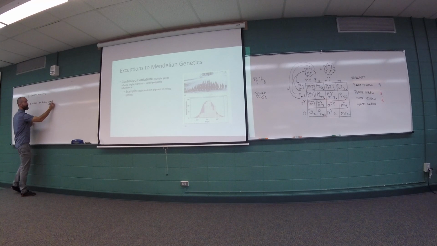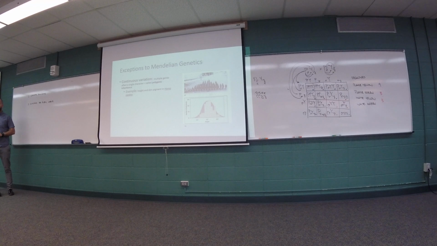Now, accompanied with this assumption, 2 alleles for every gene, is that there are 2 character states for every character. Either you're purple or you're white, there is no in between, right? So, as a subhead, I'm just going to say 2 character states.